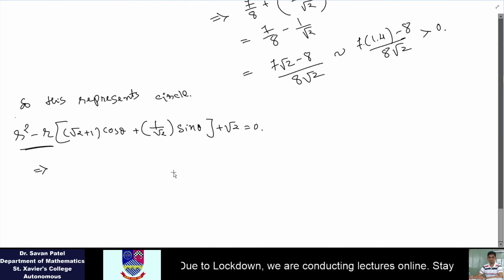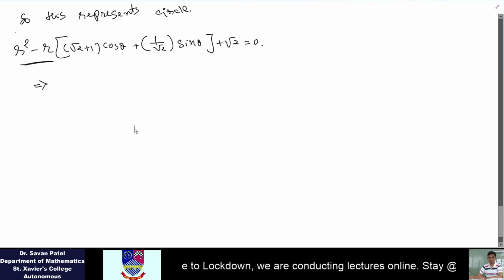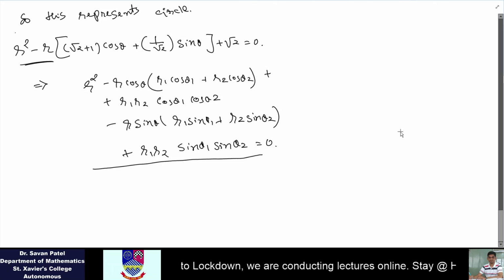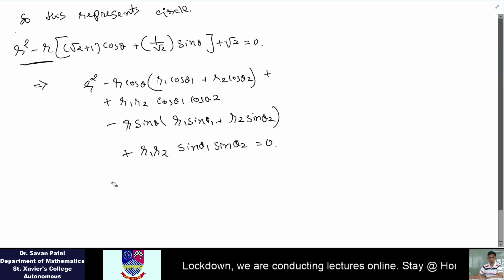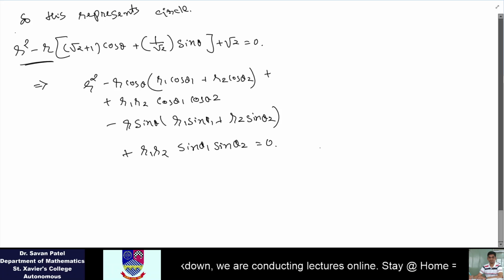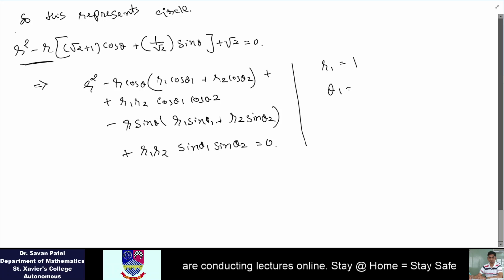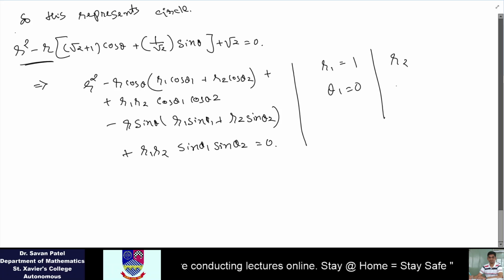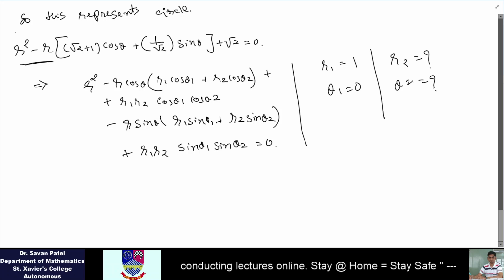I can relate this equation with that equation and find out the values of r1 and r2, sorry, r1 and theta 1's values are given, and I want to find out r2 and theta 2. So what is your r1? That is 1, theta 1 is 0, and we are interested in r2 and theta 2. So just put these values here.